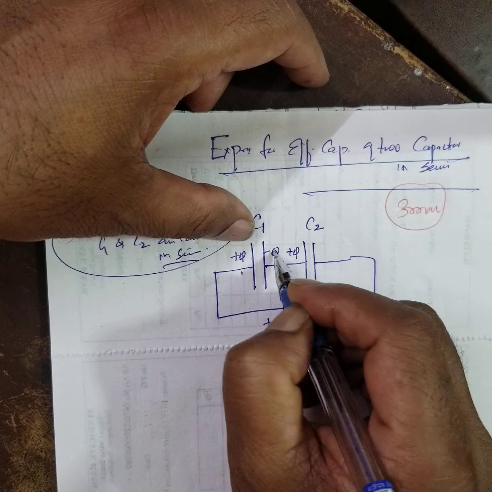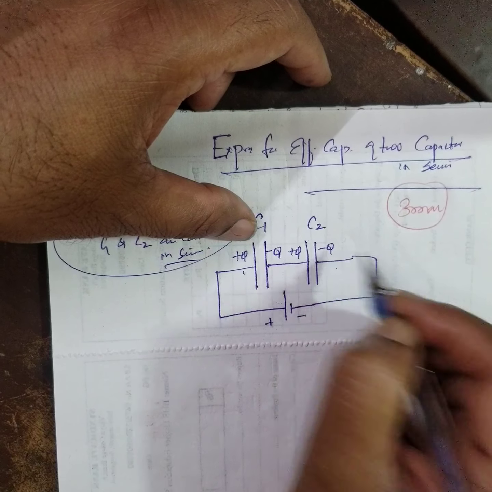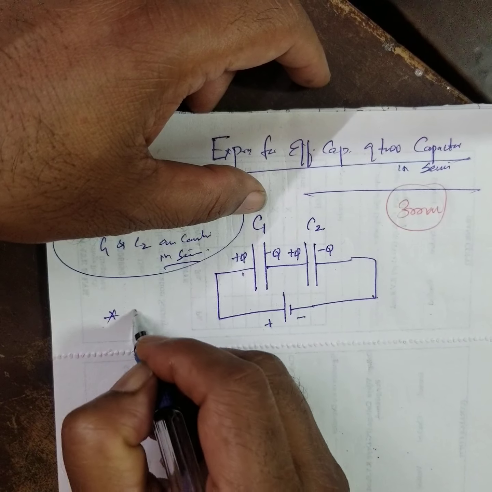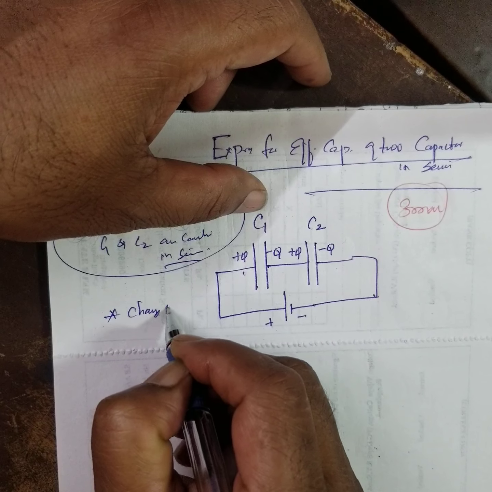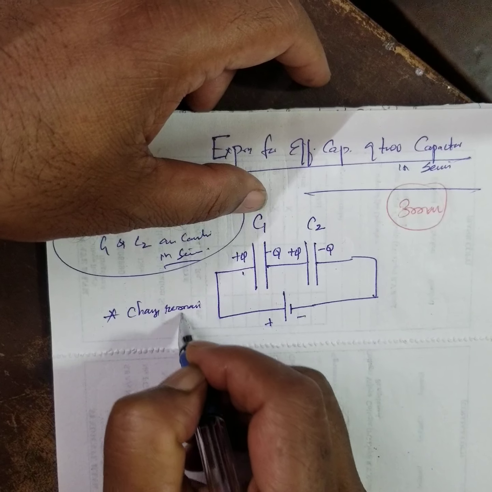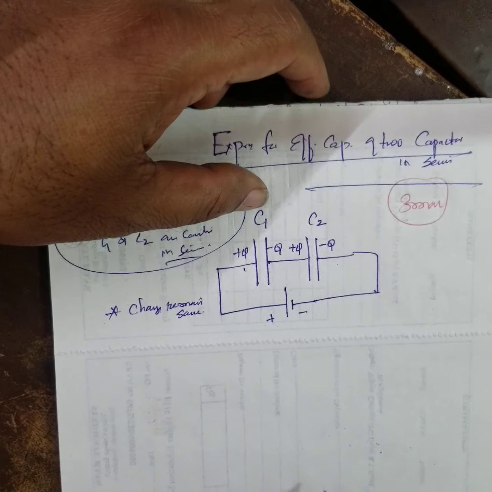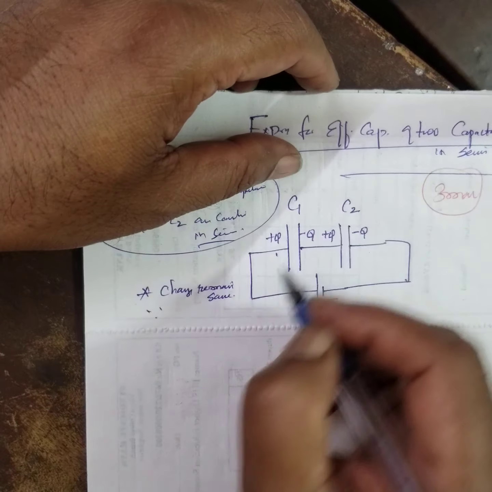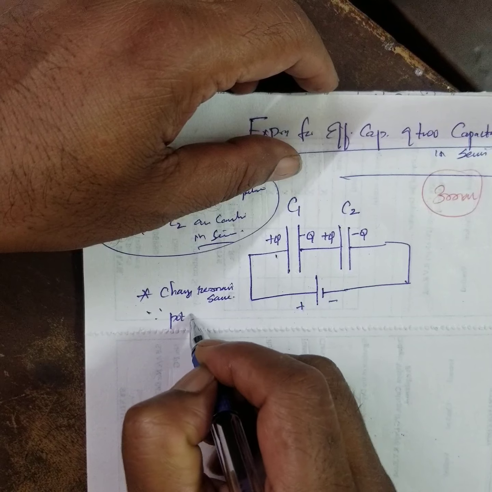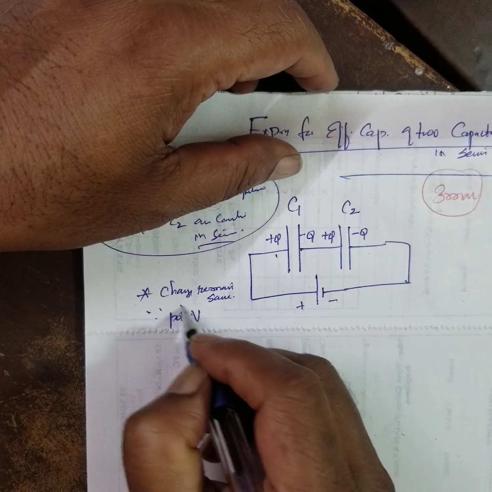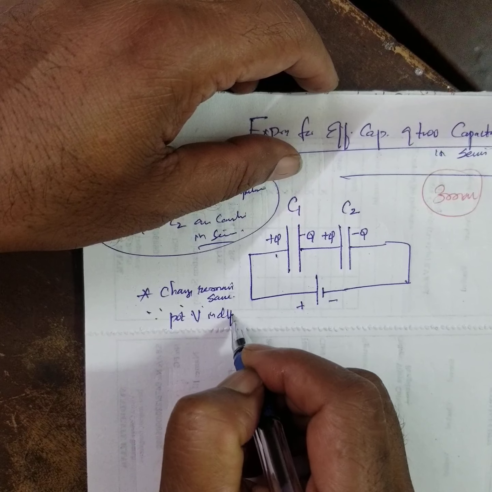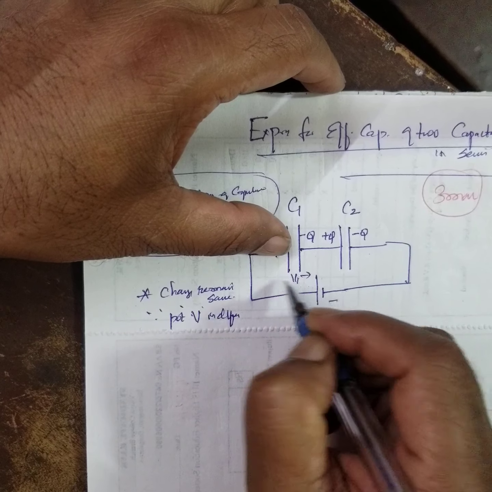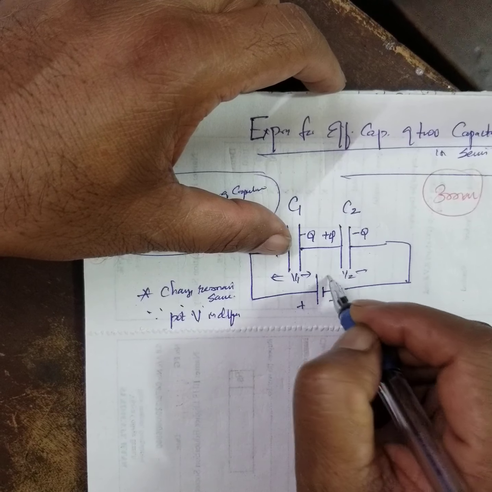This induces a positive charge here, and a negative charge here. Therefore, charge remains same. Since capacitances are different, potential is different. Here V1, here V2.